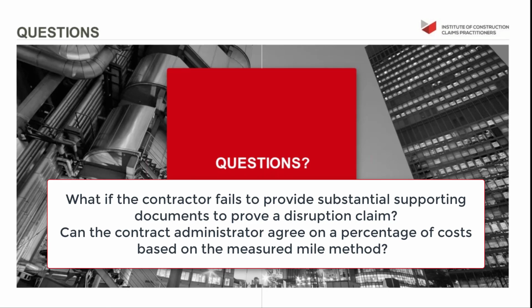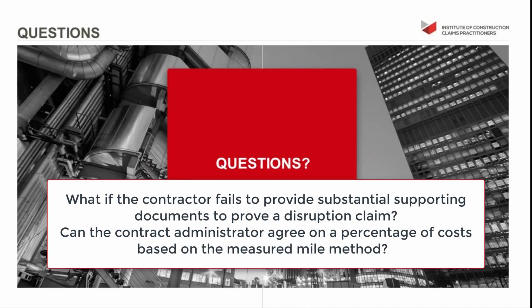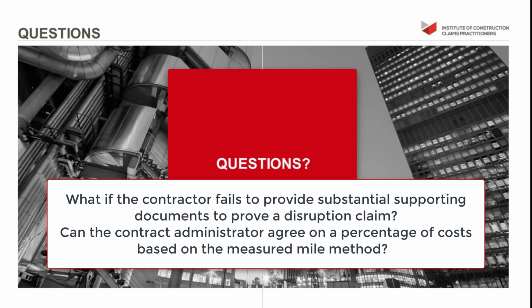I think the first one, about lack of substantiation from the contractor, makes it very difficult for you to prove your claim. Generally there's a contractual obligation that you must provide sufficient substantiation for the contract administrator to make a decision on a claim, or alternatively, in those types of contracts where you just need to keep sufficient records, your record keeping must be good enough for the contract administrator to be able to do that.